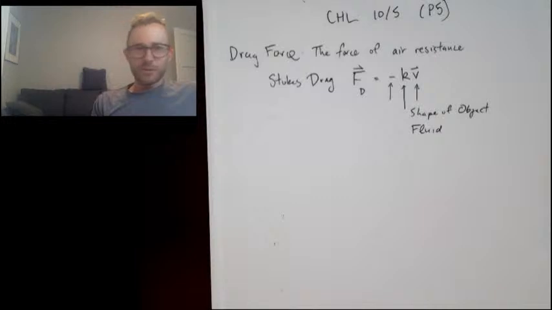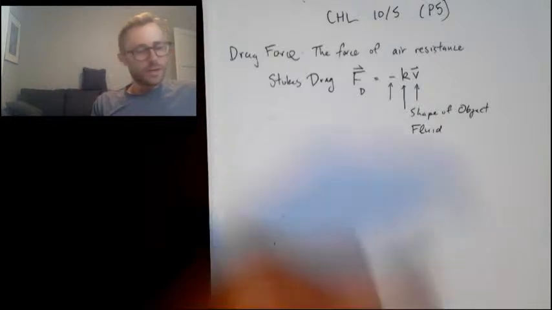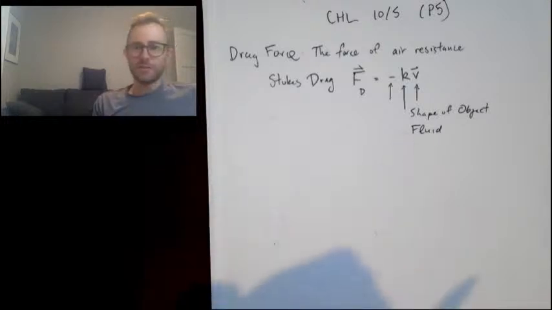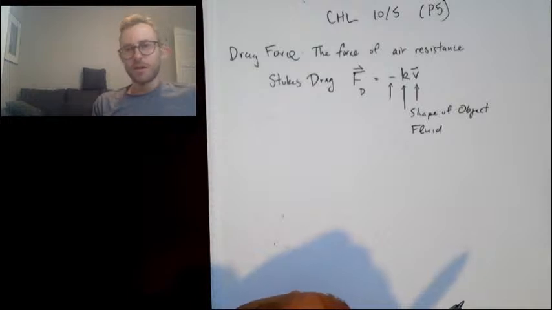If you were traveling through air, the K constant might be smaller than it would be if you were traveling through water. So the K constant for air is different from the K constant for water, even if you had two objects of the same shape.